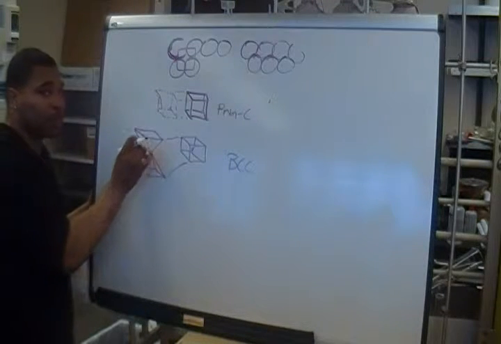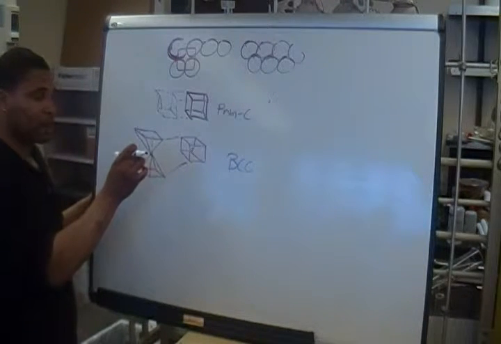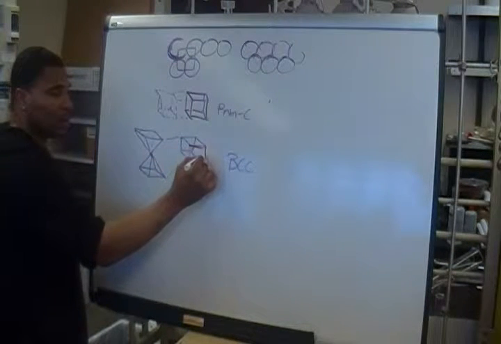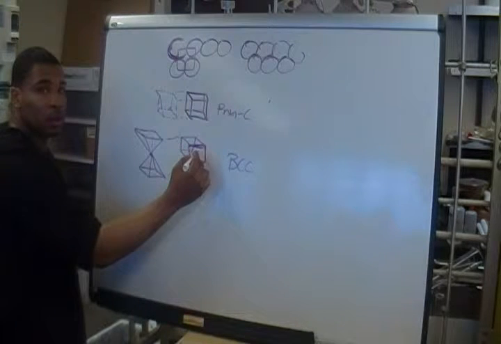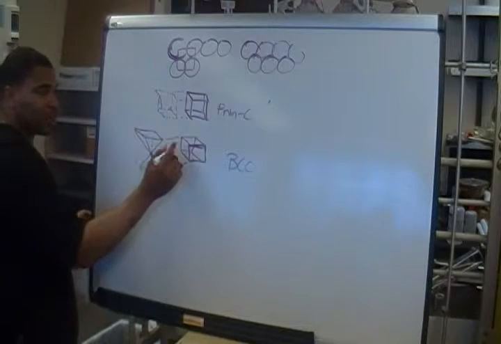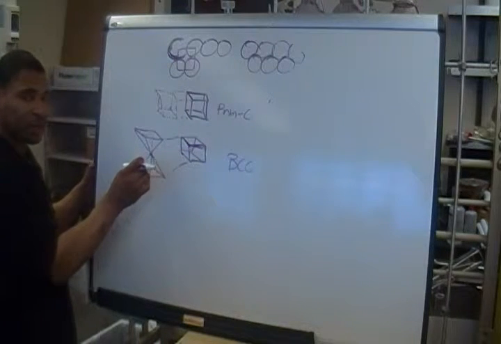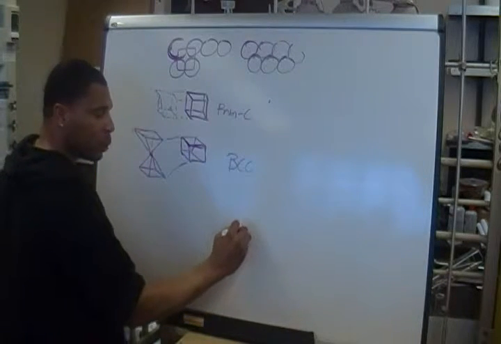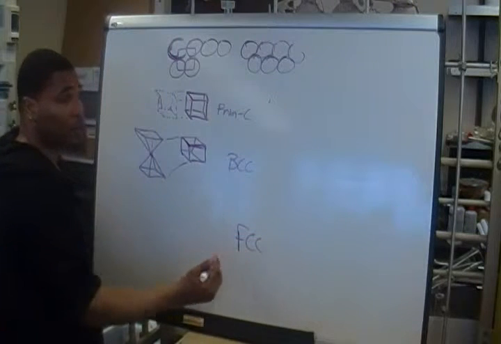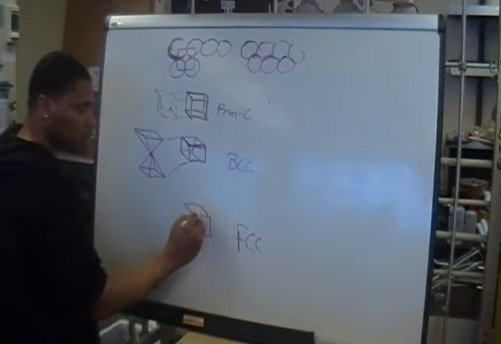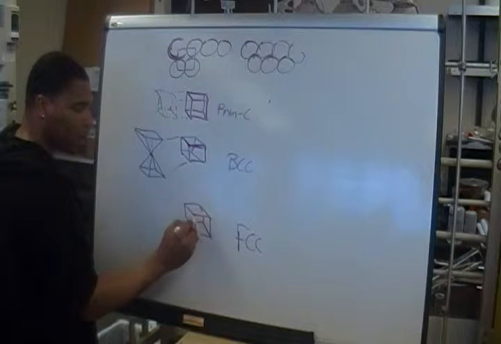If you take this point and pull it to the face of this cube, to every single face, what you would end up with is a face-centered cubic form, where every single face in the cube has a point at the center.